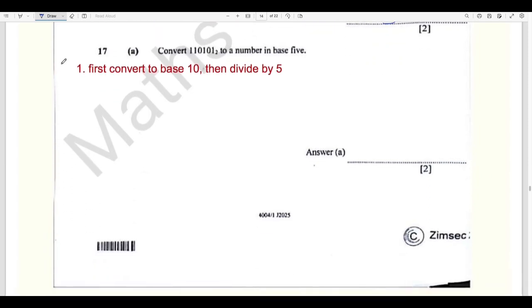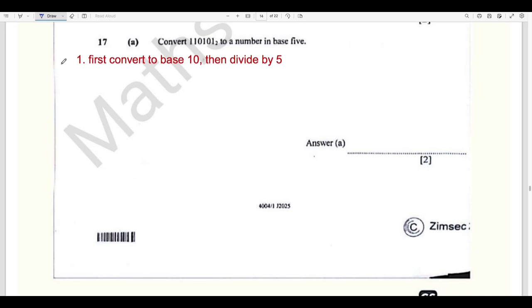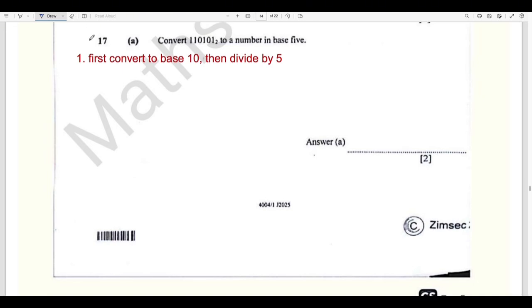Okay, so we have our number here, 110101 base 2, which is a number in base 2. To convert to base 10, we're going to express this number as a sum of products of the powers of 2. We give the order of magnitude of each digit starting from the digit immediately before the base.